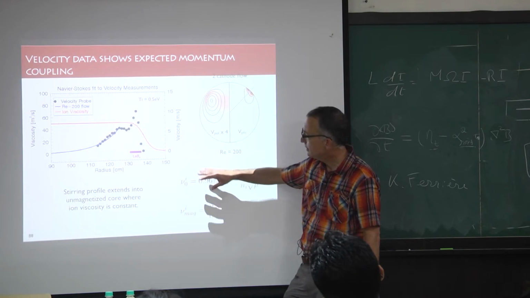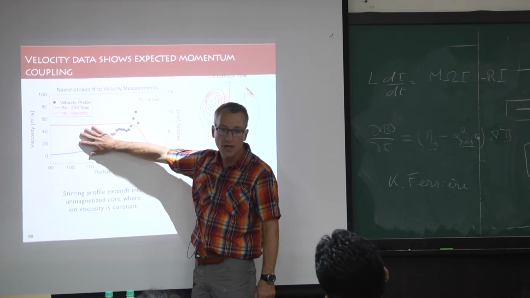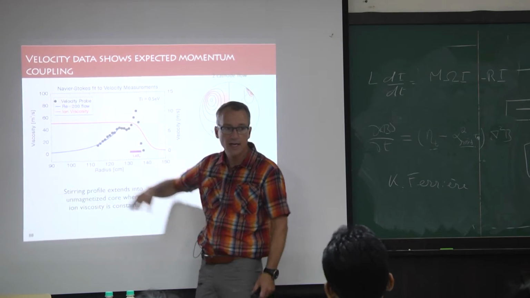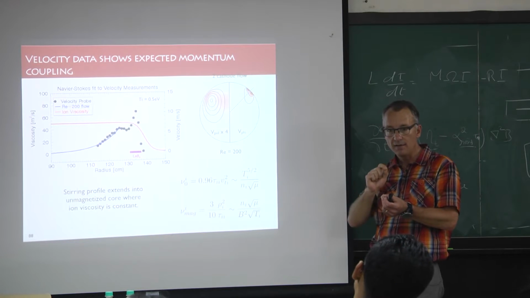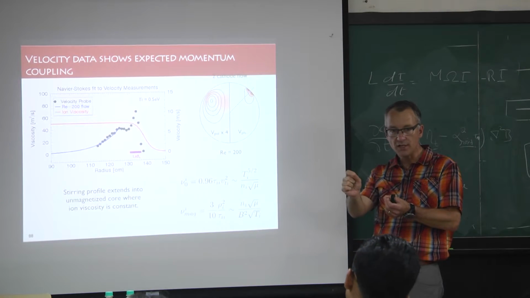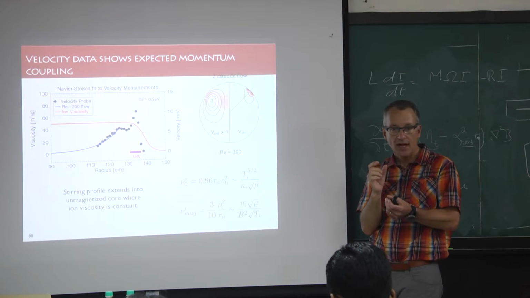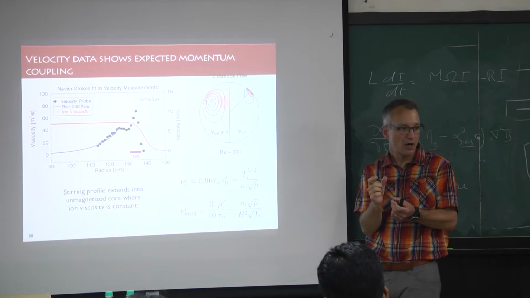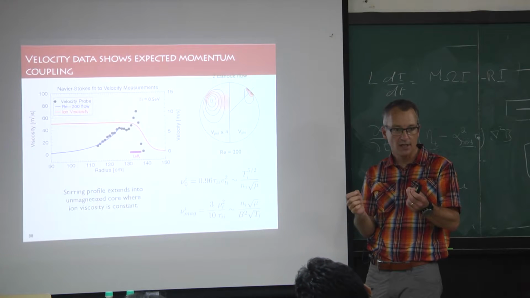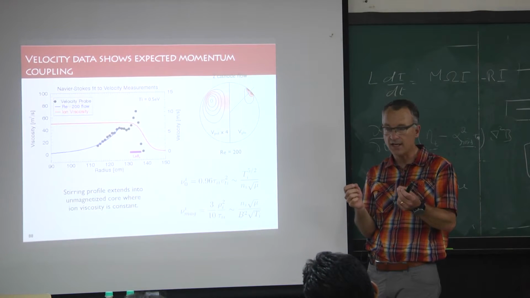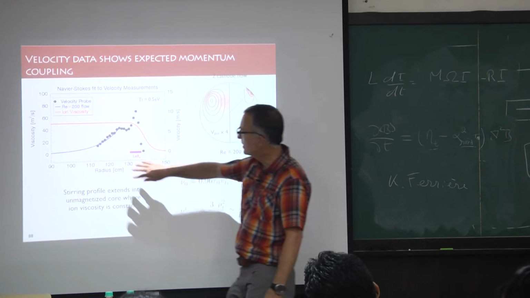So in a plasma that's unmagnetized, like in a gas, the viscosity is set by the mean free path between the collisions and the characteristic velocity of the particles which are bouncing around. So this is just the gas theory, the kinetic theory of viscosity in a gas. That's what's governing the central region.